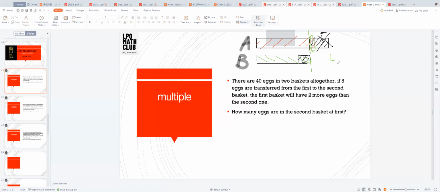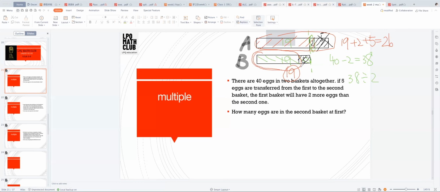So we do 40 minus 2 first, equals 38. 38 divided by 2, we know this box equals 19 and this box equals 19. So originally B has how many? This is original B, right? B has 19 eggs. So how many eggs does original A have?